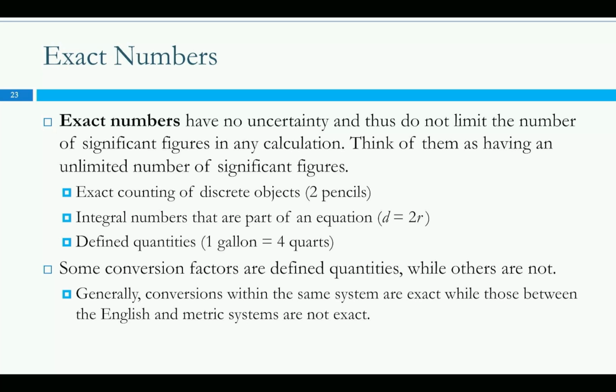So if we were to use this in a calculation, which we'll get to later, we wouldn't reduce anything down to just 1 sig fig because this is only 1 and this is only 4. When we're looking at these exact numbers, you can think of them as having unlimited sig figs. And we're always limited by the smallest number of sig figs, so exact numbers are never going to limit our sig figs.